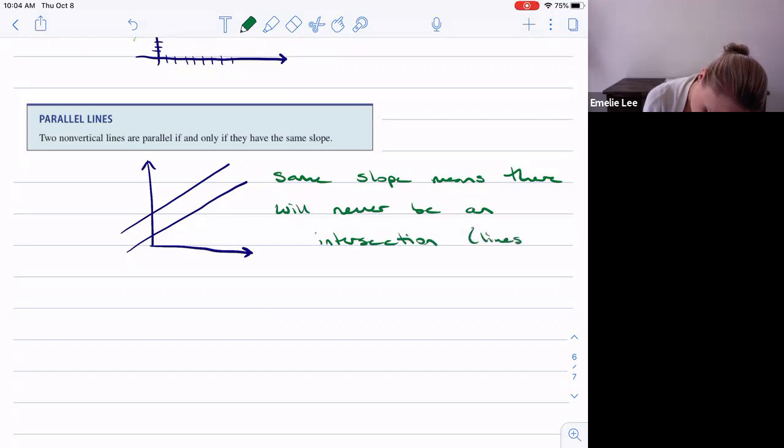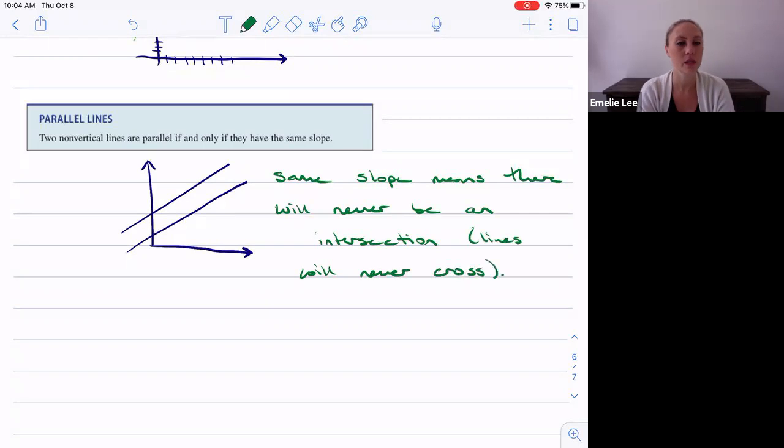Right, the lines will never cross. So that happens if they have the same slope.